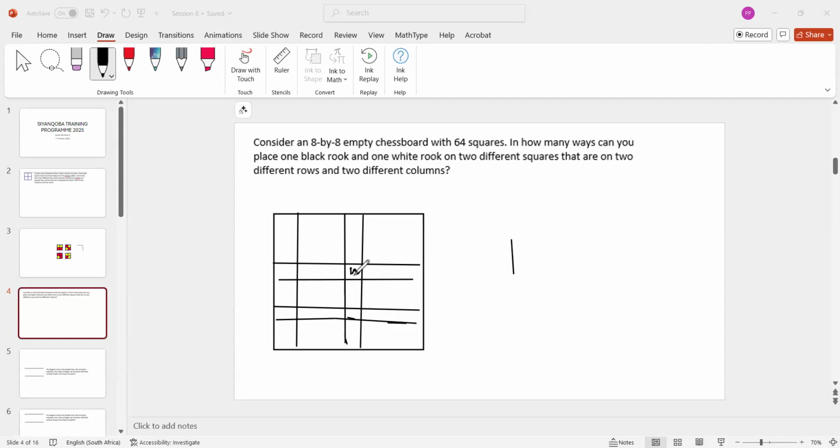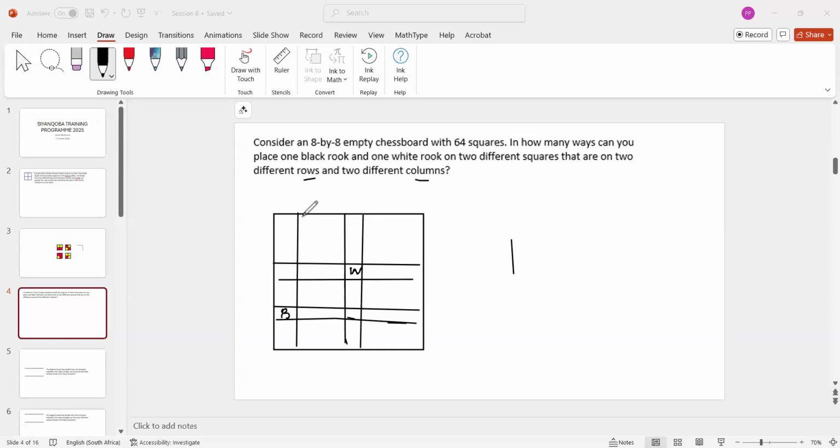You can't put a black in the same column. You'll have to put a black in another column. So you can't put these two in the same row or the same column. Okay, so in how many ways can you do this?